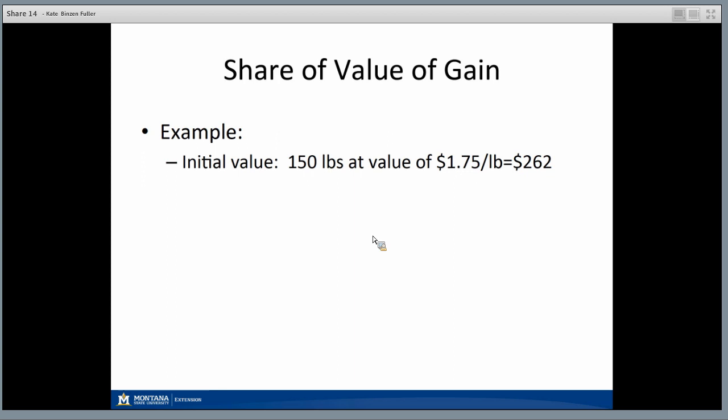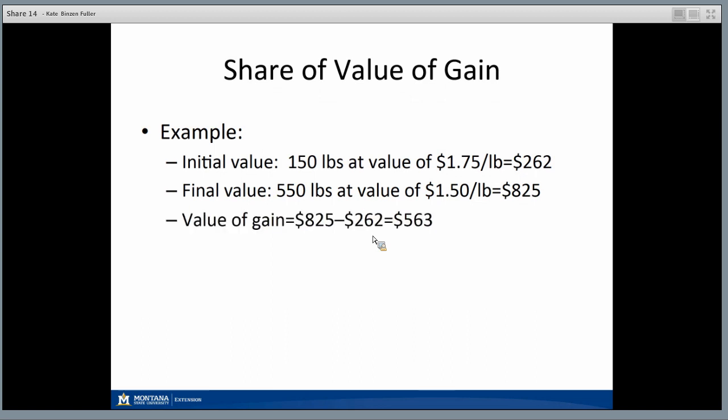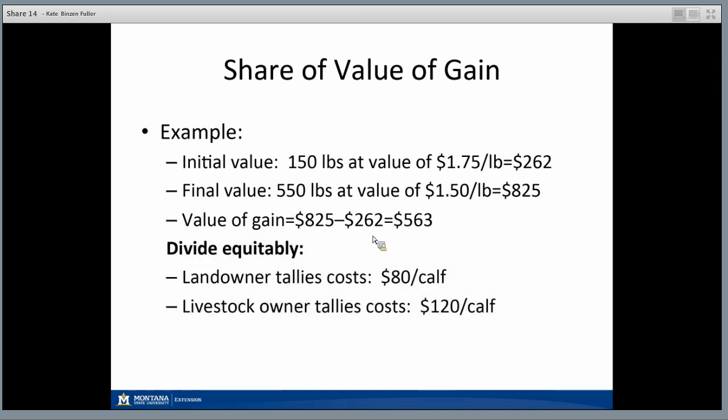And I'm going to say their value at that point is $175 a hundredweight, or $262 per calf. When these calves come off, they're a little heavier than the calves in the other example. They're 550 pounds, and they are worth $150 a hundredweight, so $825 per calf. So the value of that gain is $563, just the difference of their value when they hit the pasture versus the value when they came off.